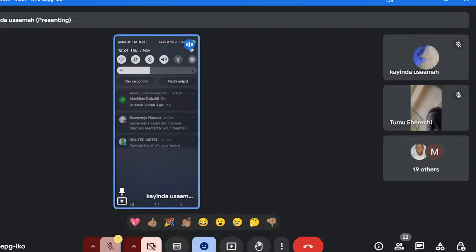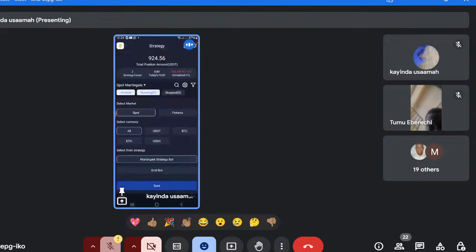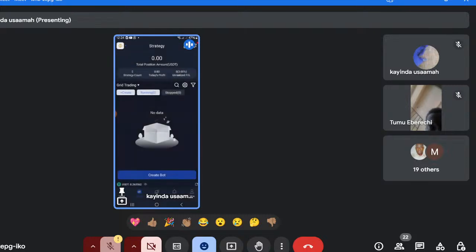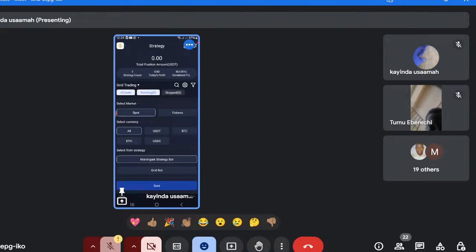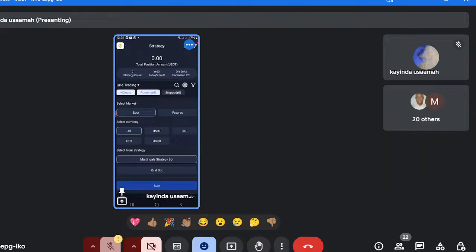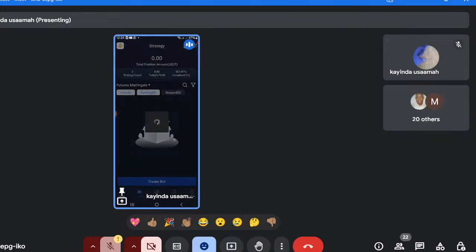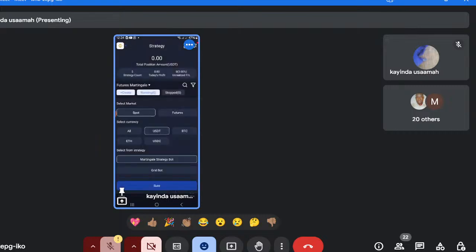And then it also has a grid bot. If I choose grid, RoyalQ will show me my trades in grid bots, but I don't have any coins in grid. If I choose Martingale in futures, RoyalQ will show me my futures trades. I don't have any futures coins I'm trading.